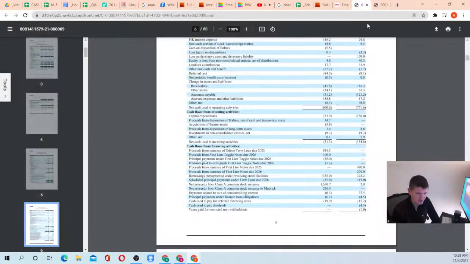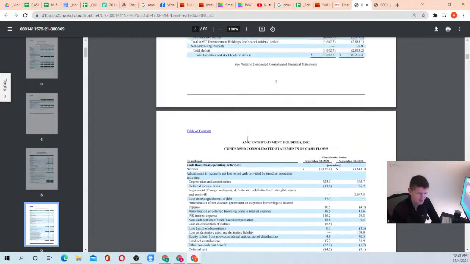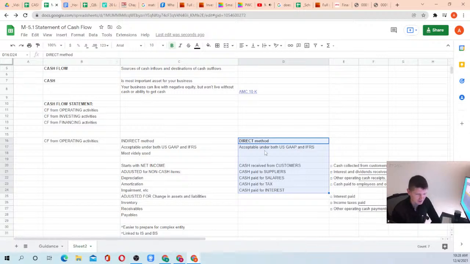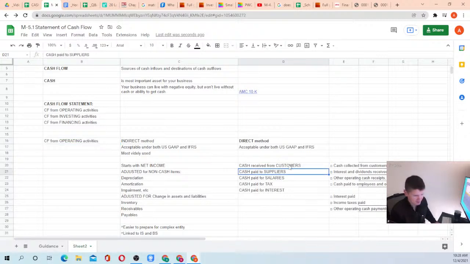So what you see with AMC is actually indirect method preparation. But let's say a few words about the direct method of cash flow from operating activities. Under the direct method, you will have headers like cash received from customers, cash paid to suppliers, cash paid for salaries, cash paid for tax, cash paid for interest.